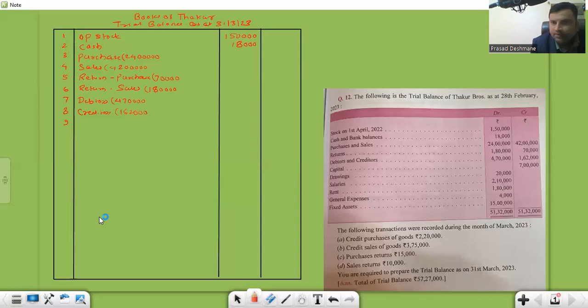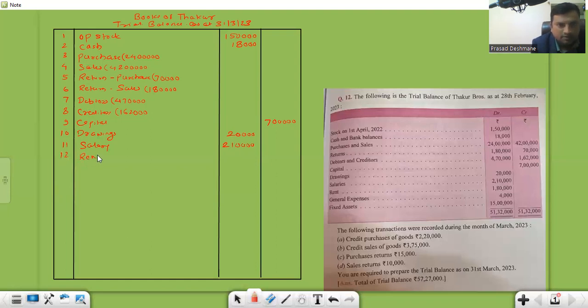Next one, after that, what we have? We have capital. Correct? Capital 7 lakh. No adjustment, so I can put it out. Capital is a liability, that's my credit side. Then we have drawings. Drawings are an asset, so debit side. Then we have our salaries. Salaries are also an expense. That's why debit side.